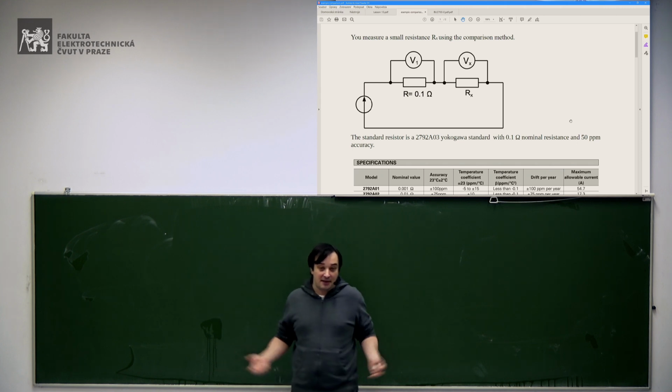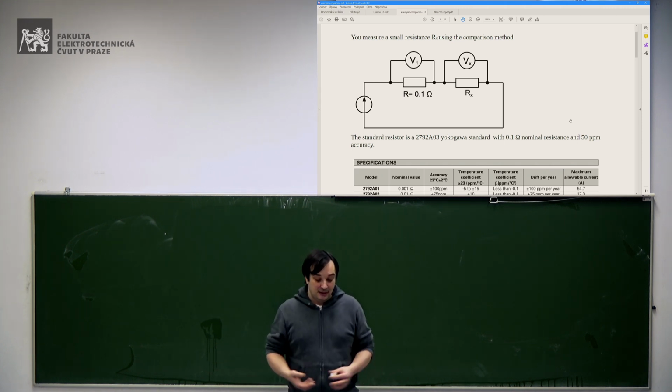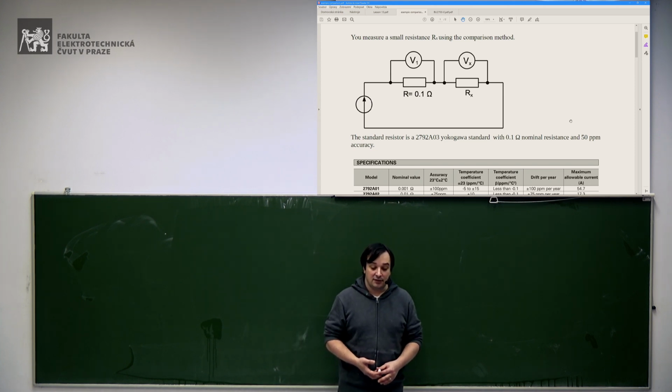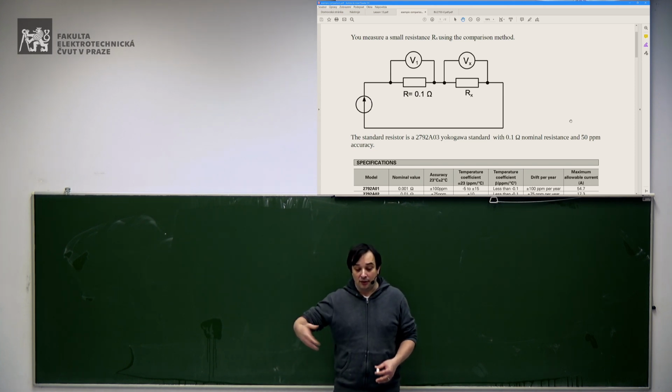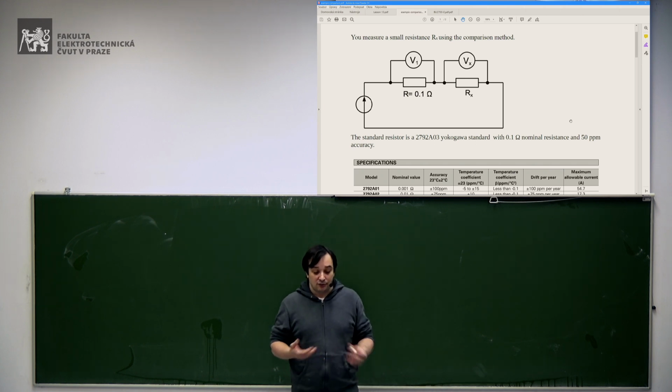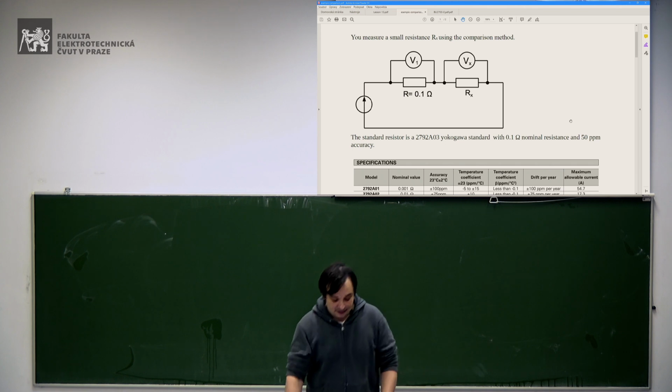Okay, they have the same current, so the unknown resistance will be the resistance of the standard times the ratio of the voltage on the unknown resistor divided by the voltage on the standard.